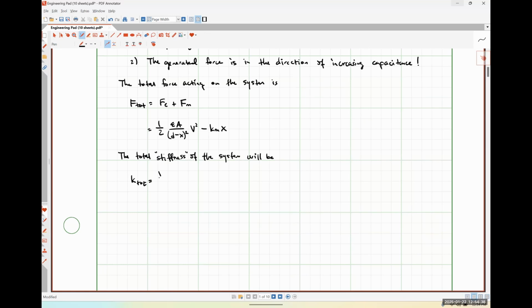So this is going to be the derivative of F total as a function of x with respect to x. So we're treating that electrostatic part as if it were a mechanical spring constant, effectively.